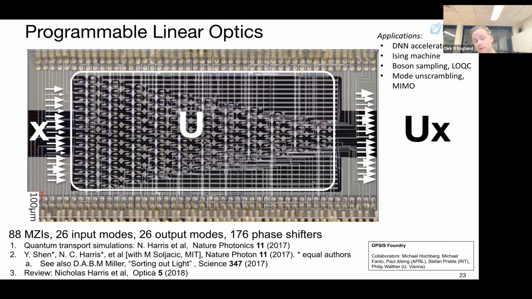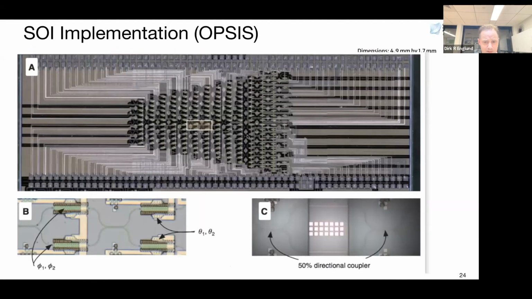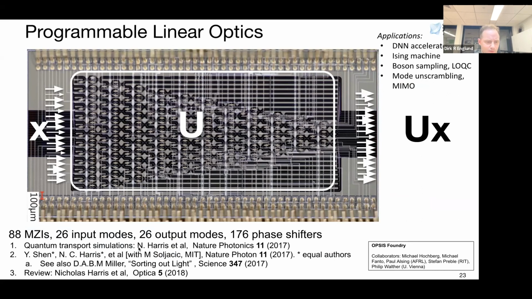It can't do all unitary transformations, but it can do many useful ones, and we can use it, for example, to take some input state encoded in the amplitude of these 26 optical fields, and send those optical fields through this programmable circuit to produce an output state whose value is equal to U times X. And that's been useful for many things, including some recent work with Yichen Shen and Marin Soljacic on using these kinds of circuits for machine learning accelerators.